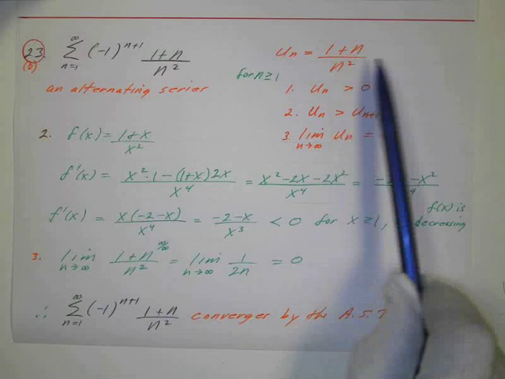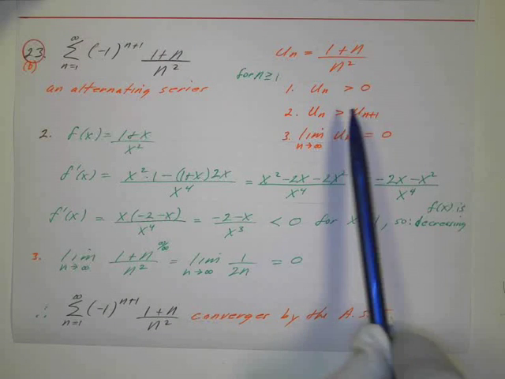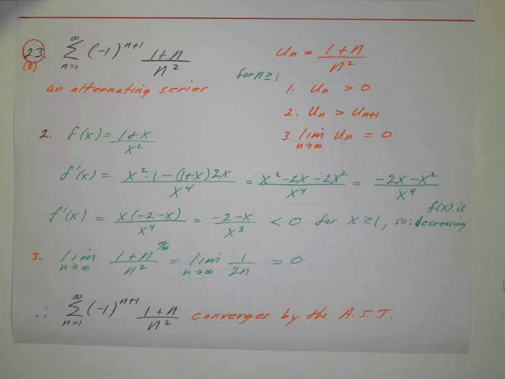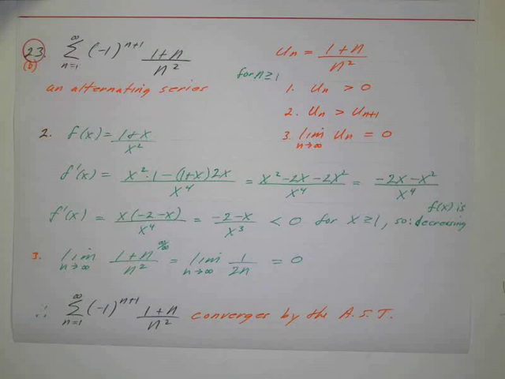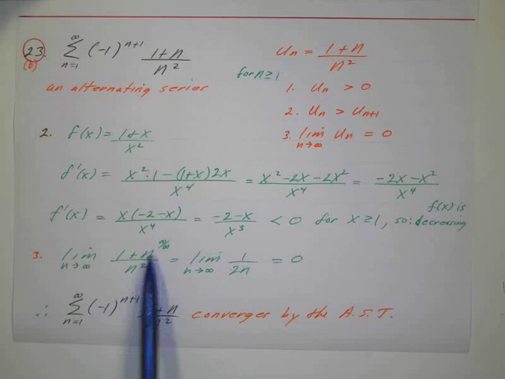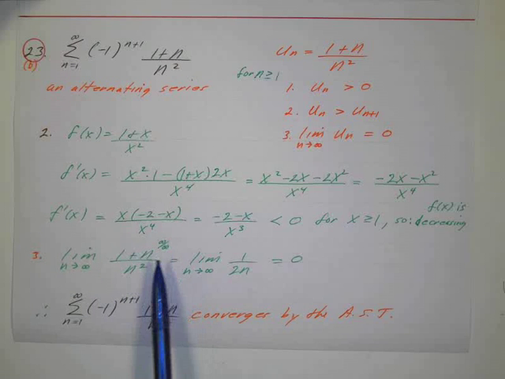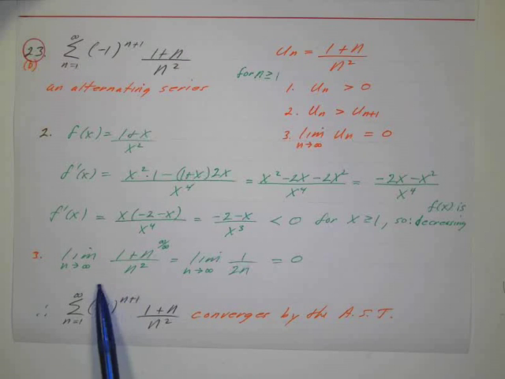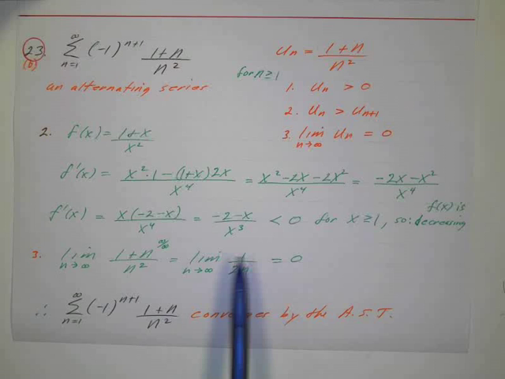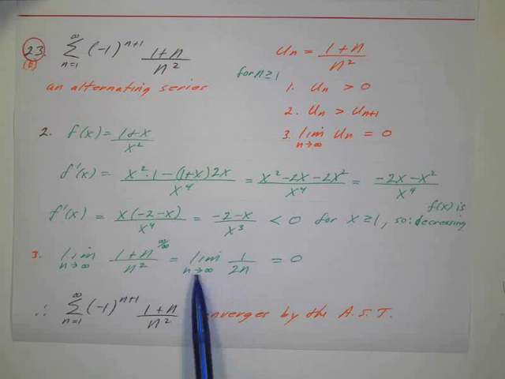And you could look at it intuitively and say, well, as n gets bigger, the bottom grows faster than the top, so it would be decreasing. You could do it like that. Now, how about the limit? Well, we could take a look at this limit, 1 plus n over n squared, as n approaches infinity. If we substitute, we get infinity over infinity, so we can do L'Hopital's rule, and the top is going to be 1, and the bottom is going to be 2n.